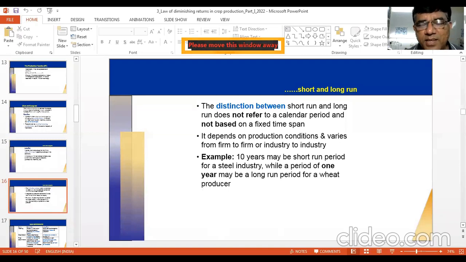For example, for the steel industry, 10 years may be short run, while a period of 1 year may be a long run period for a wheat producer, for a farmer. So it varies, but the main difference is that when you can make changes both in fixed factors and variable factors together, then it is long run. And when you make changes only in variable factors, it is short run.